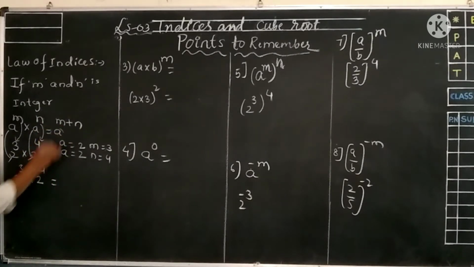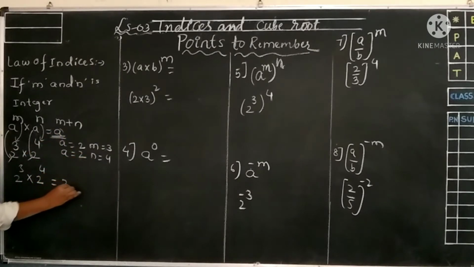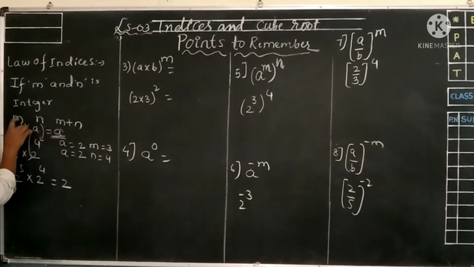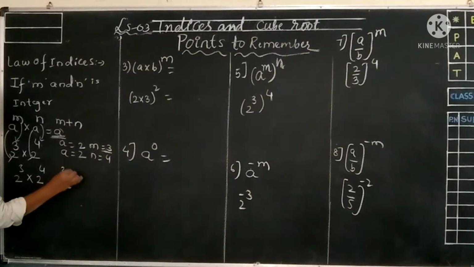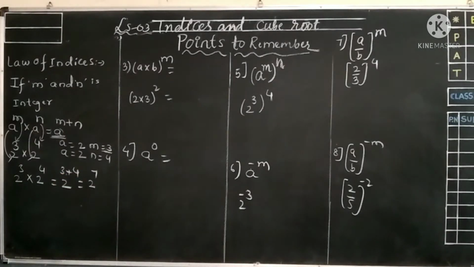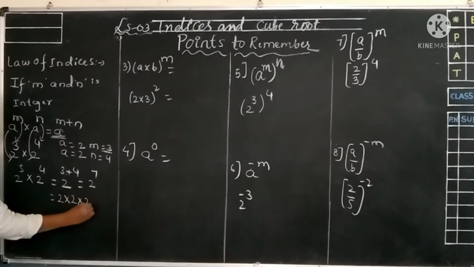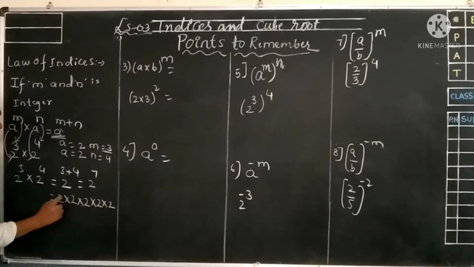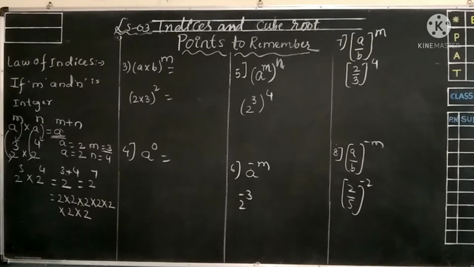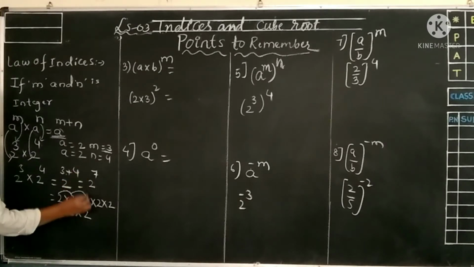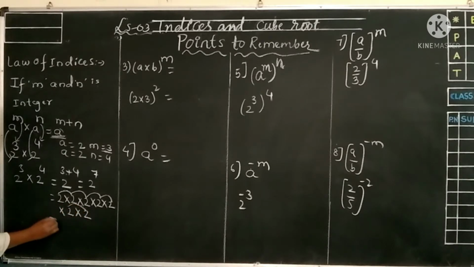Therefore a is 2, and m plus n means 3 plus 4. So 2 raised to 3 plus 4 means 2 raised to 7. 2 raised to 7 means 2 is multiplied 7 times. 2 into 2 into 2 into 2 into 2 into 2 into 2. 2 2s are 4, 4 2s are 8, 8 2s are 16, 16 2s are 32, 32 2s are 64, 64 2s are 128.